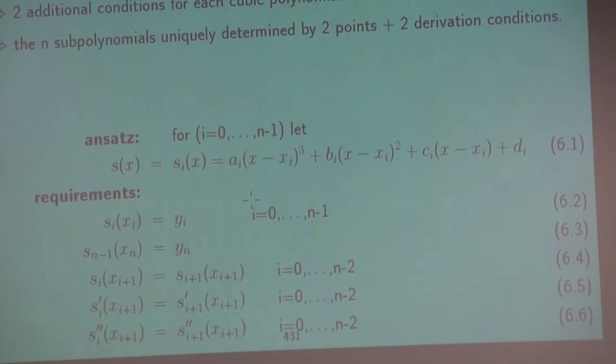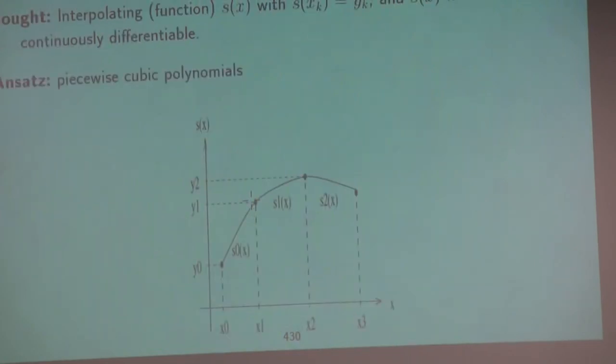So his question is, does this mean that at this point the polynomial does not need to be 2 times continuously differentiable? Yes, you're right.